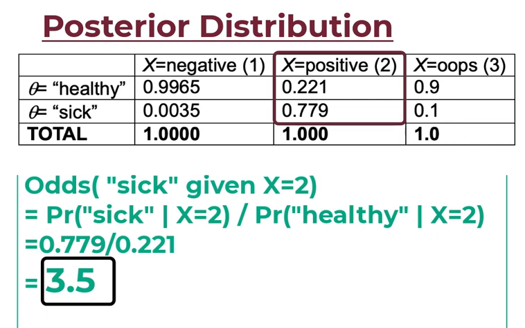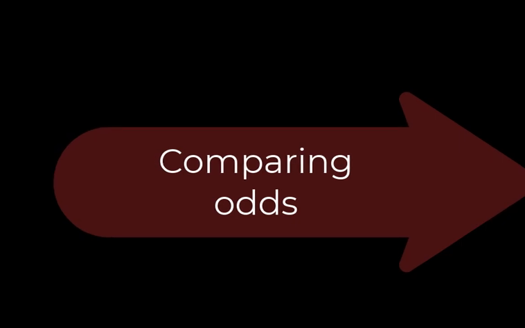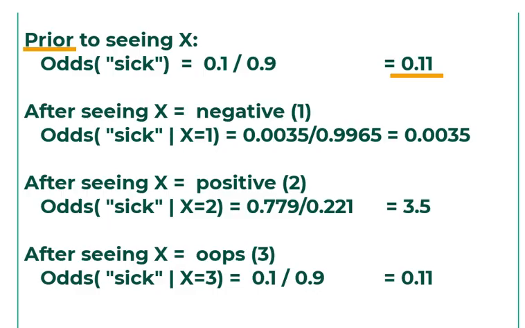Before the data, it was 1/9, which meant you'd need a payoff of more than 9 to 1 to make it worthwhile to treat a patient without even doing a test. After this positive test, to justify not treating this person with a positive test, now the badness of treating a healthy person would have to be 3.5 times or more worse than failing to treat a sick person.